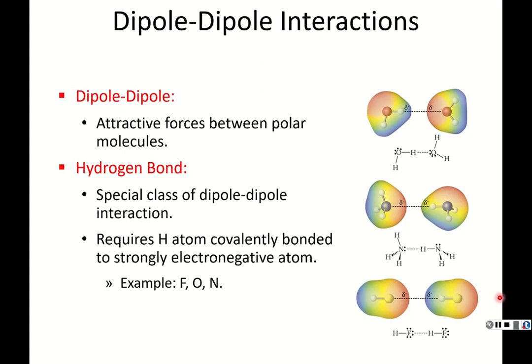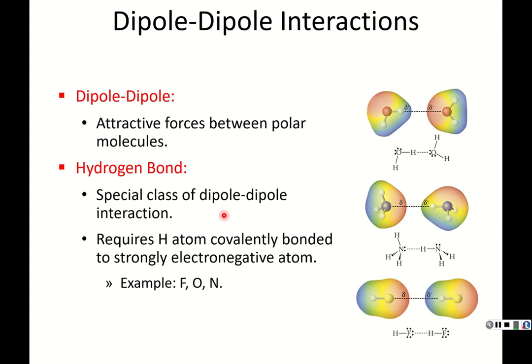Okay. Next up is dipole-dipole interactions, and these are interactions between polar molecules. Polar molecules have permanent dipoles, and the positive side of one molecule's dipole can interact with the negative side of another molecule's dipole. And the hydrogen bond is a special case of this dipole-dipole interaction.